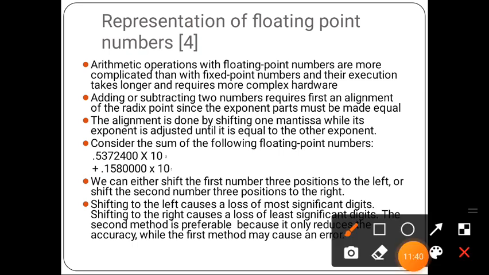Either shift the first number 3 positions to the left, or shift the second number 3 positions to the right.